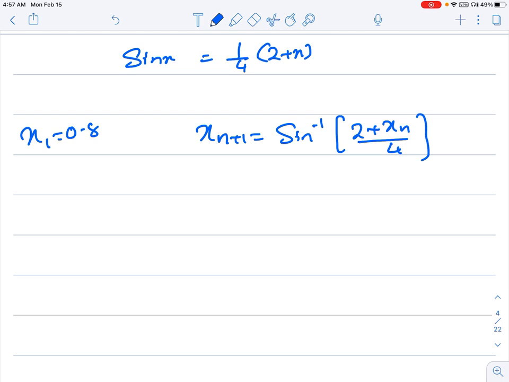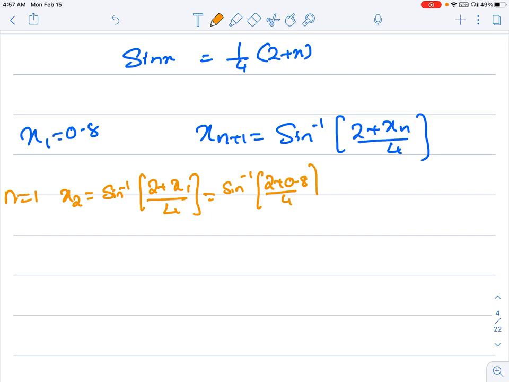So I have to use the iterative formula. So let us take n is equal to 1. So x2 is equal to sine inverse of (2 plus x1) divided by 4. What's the x1 value? The x1 value is 0.8, divided by 4.